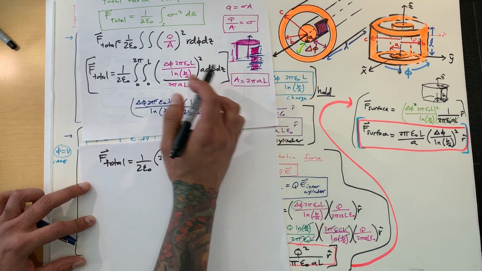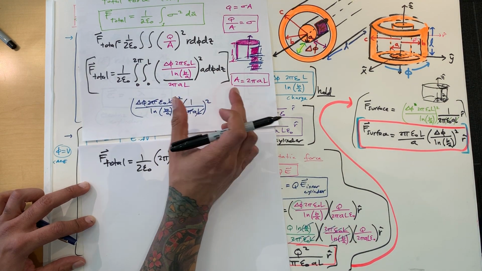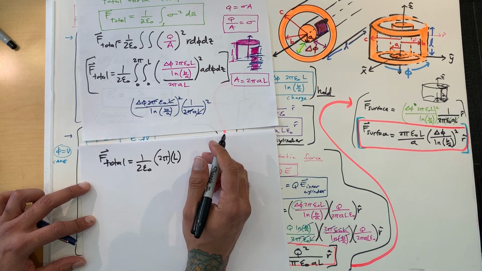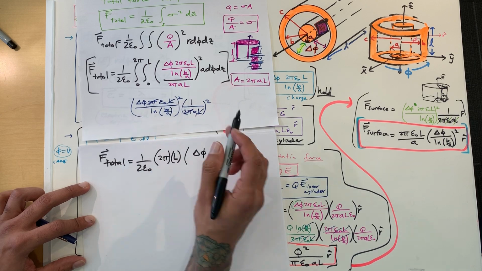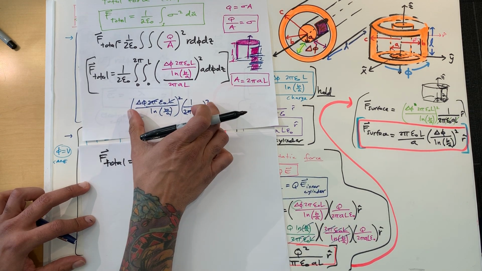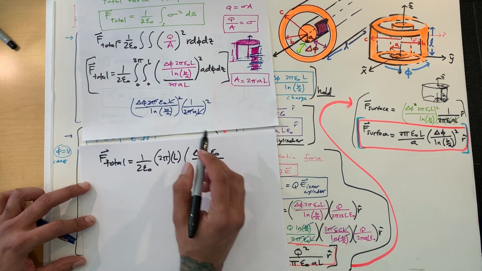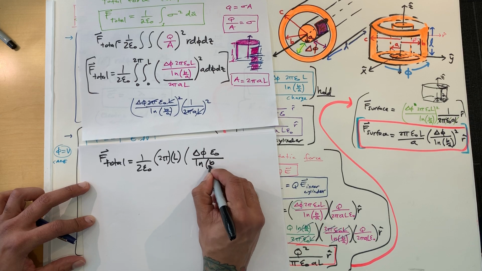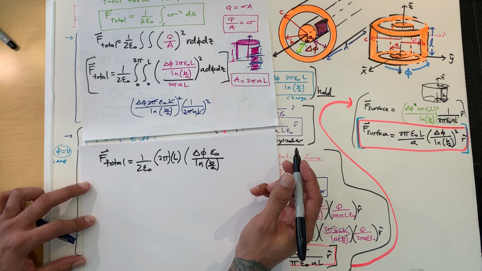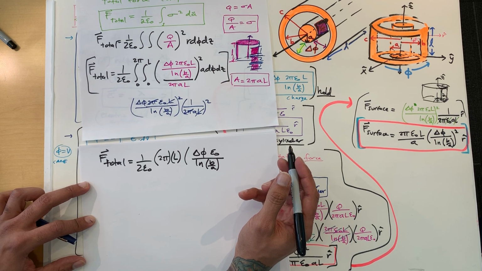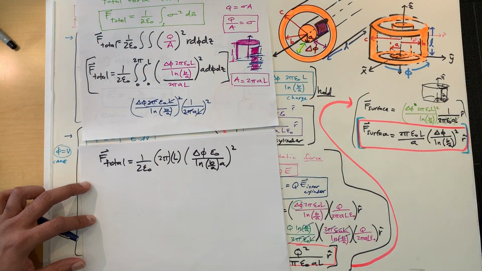The z integral, I'm going to get L. And then the things I got left over from here are the potential squared, epsilon naught squared still over ln of B over A, and we have an A squared. So everything in here is still squared.